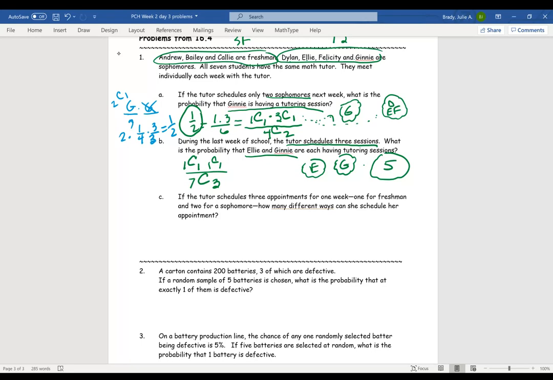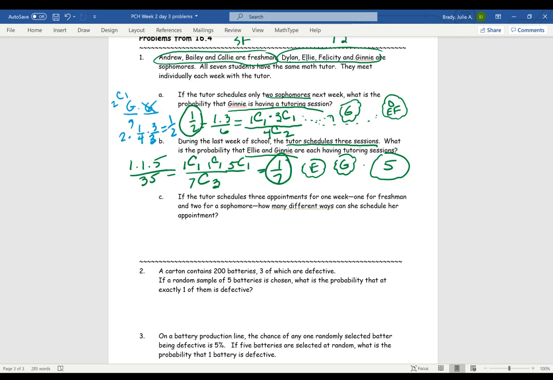And then I'm going to go to the 5 remaining people, and I'm going to grab out 1. 5, choose 1. And so that turns out to be 1 times 1 times 5. And 7, choose 3, if you grab your calculator, is 35. So this probability is 1/7.